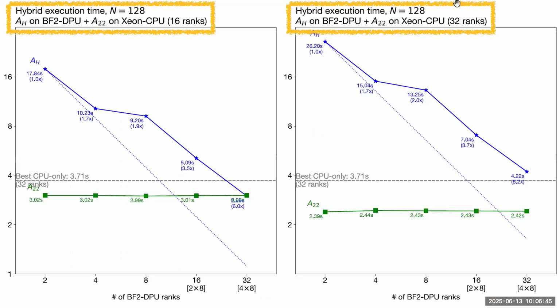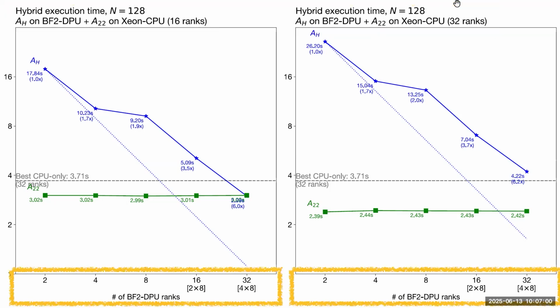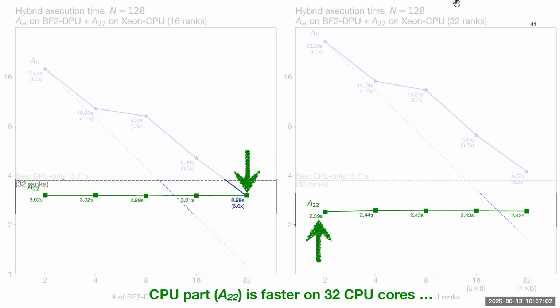To look at that, we'll look at the breakdown of the different times. On the left-hand side here, we have the hybrid execution for 16 ranks. And then on the right-hand side, we have 32 ranks. The CPU part is actually faster when you have 32 cores, as you might expect.